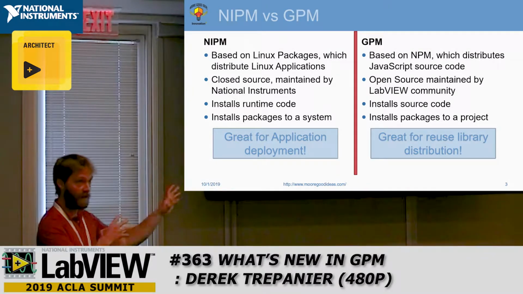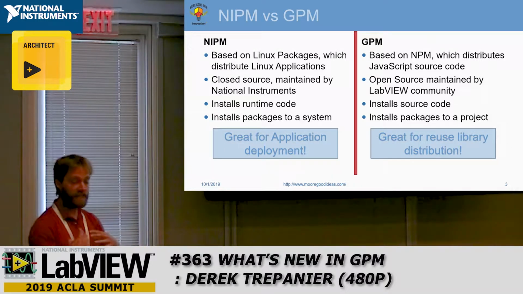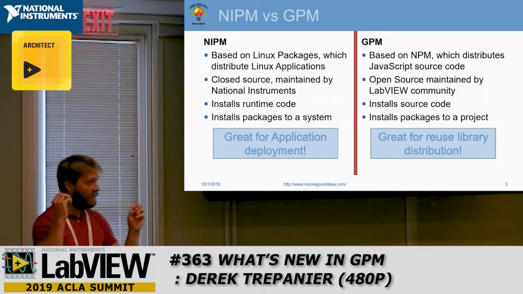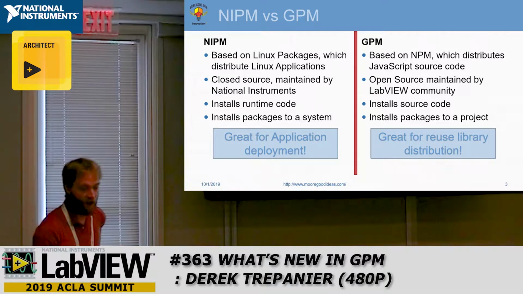So you can put whatever runtime code and VIs and whatever in whichever. But mine is optimized for this, theirs is optimized for that. And honestly, in my mind, it's unfortunate that they're both called package managers because they're kind of different things, but at the same time, they're both appropriately named package managers. It's somewhat of an overload of the term.